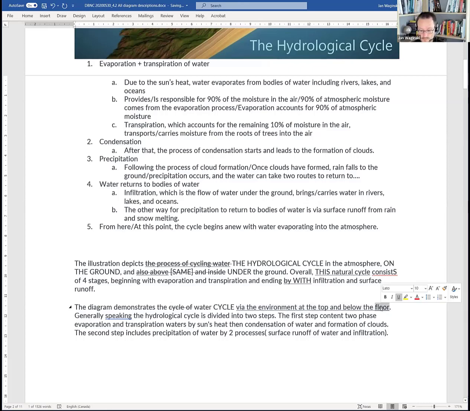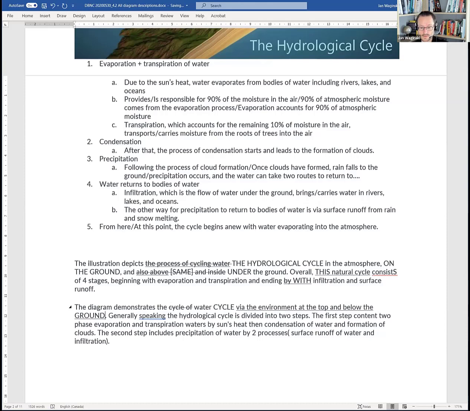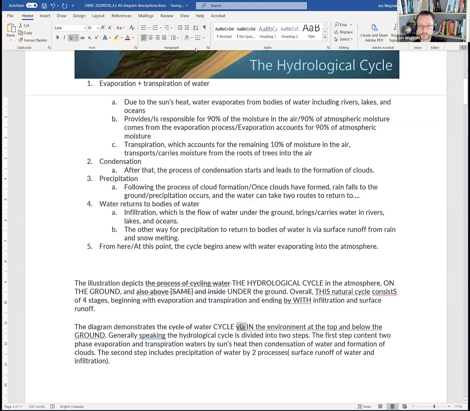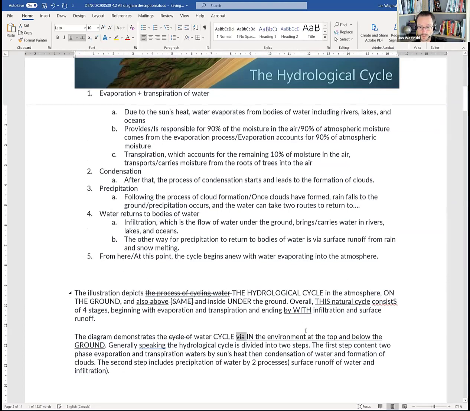Take the water cycle via the environment. In the environment, if you want. The water cycle in the environment, at the top and below the ground. Oh, okay. Above and below the ground.